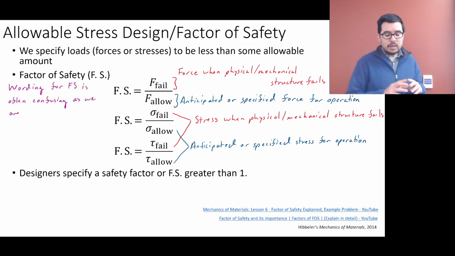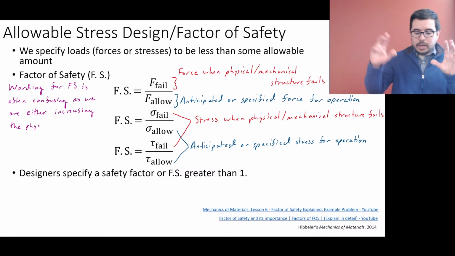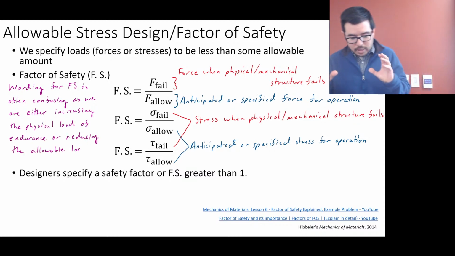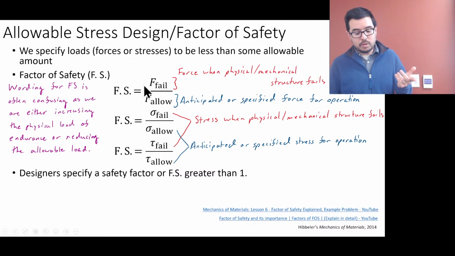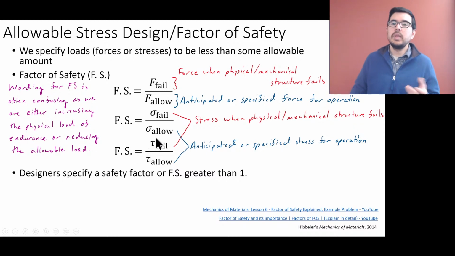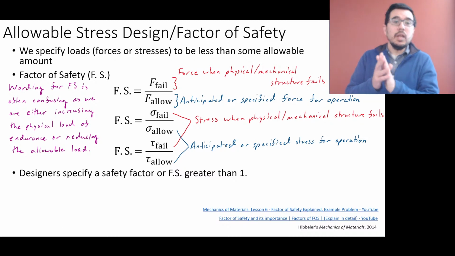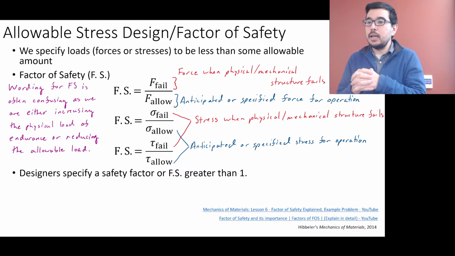I think this can be confusing. There are just two ways to adjust your factor of safety. One is to increase the physical load that you're able to handle, or endurance, and the other is to reduce the allowable load. So we'll see problems with a bit more focus on design.